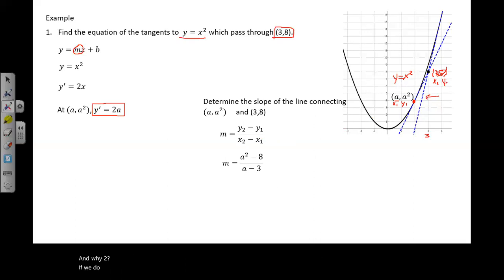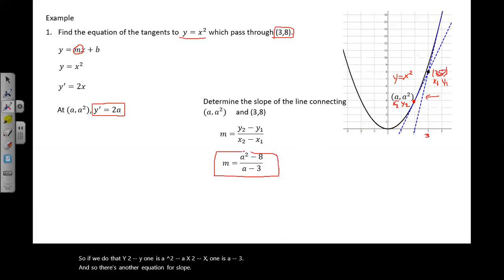Sorry, it was the other way around. This was x2, y2. So y2 minus y1 is a squared minus a, x2 minus x1 is a minus 3. And so there's another equation for slope.